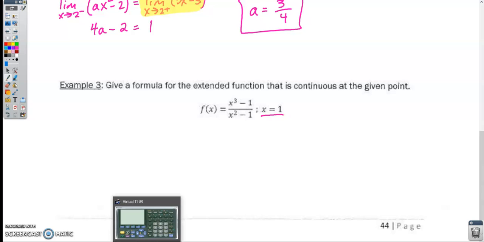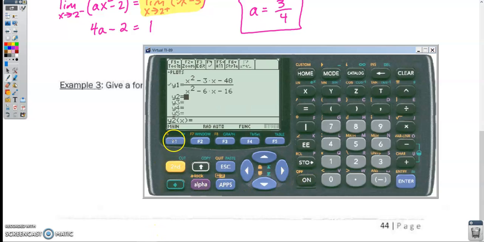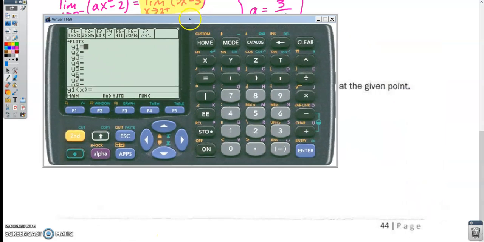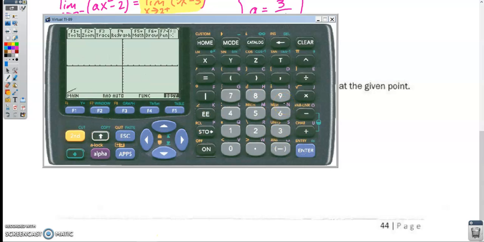Okay, so for instance, let me show you real quick. I'll use my graphing calculator. If we put this in here, y equals x cubed minus 1 over x squared minus 1, and graph that in a standard window.